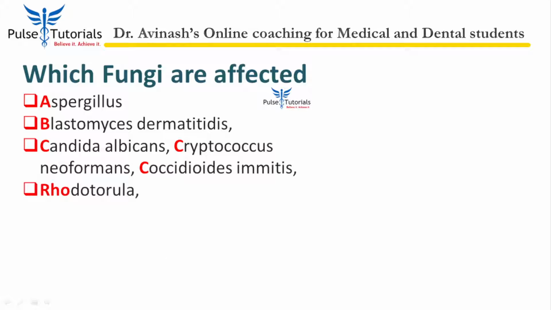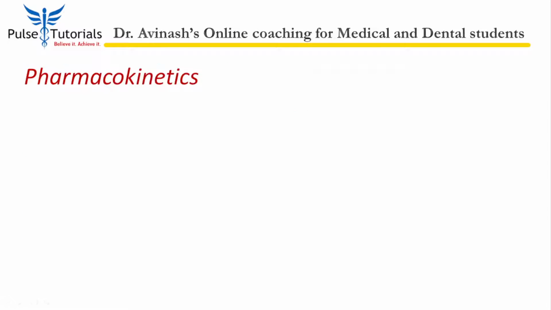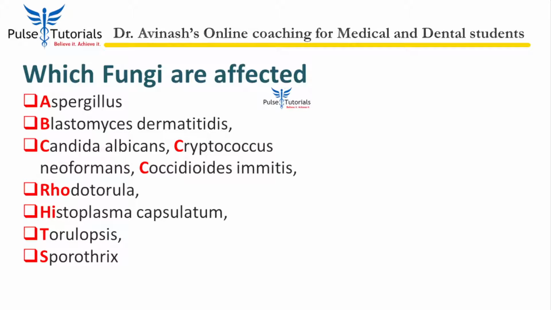And then Rho for Rhodotorula, H for Histoplasma capsulatum, T for Torulopsis, S for Sporothrix. So I remember it as ABC Rohit Sharma.